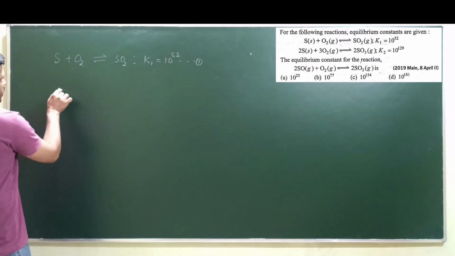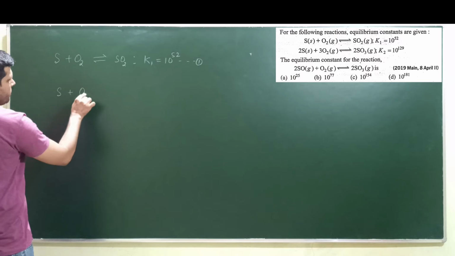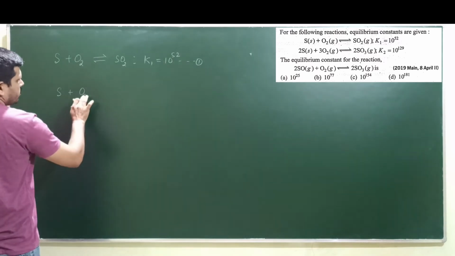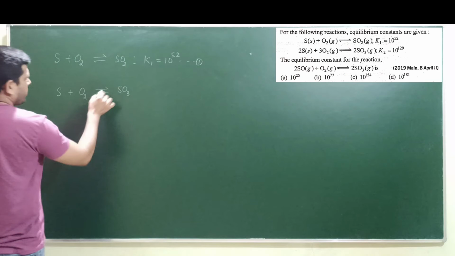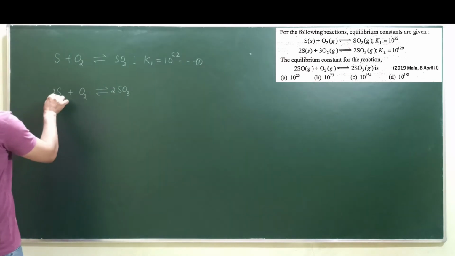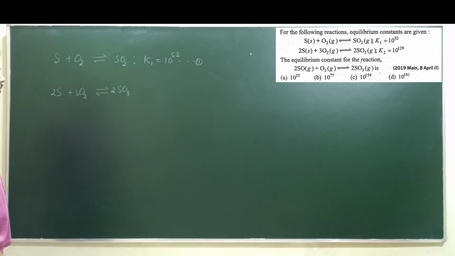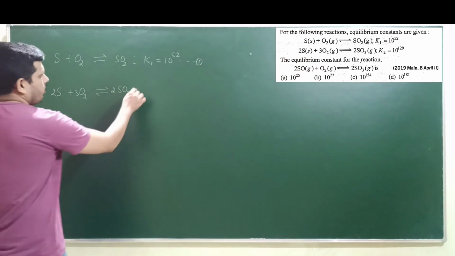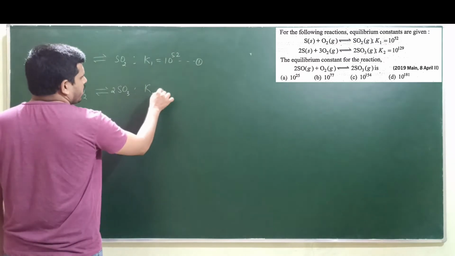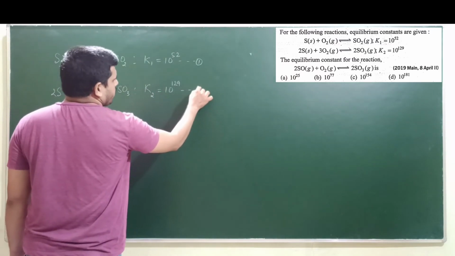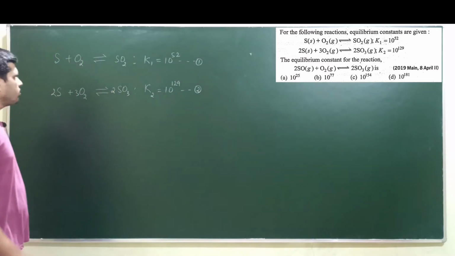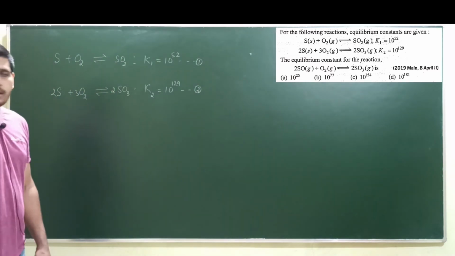Now the second equation: sulfur also will combine with oxygen to give sulfur trioxide, SO3, and we multiply this equation to balance it. Fine, so this is a balanced equation. Now the equilibrium constant K2 obtained was 10 to the power 129. I'll write it as equation 2. So this is what is given in the question.